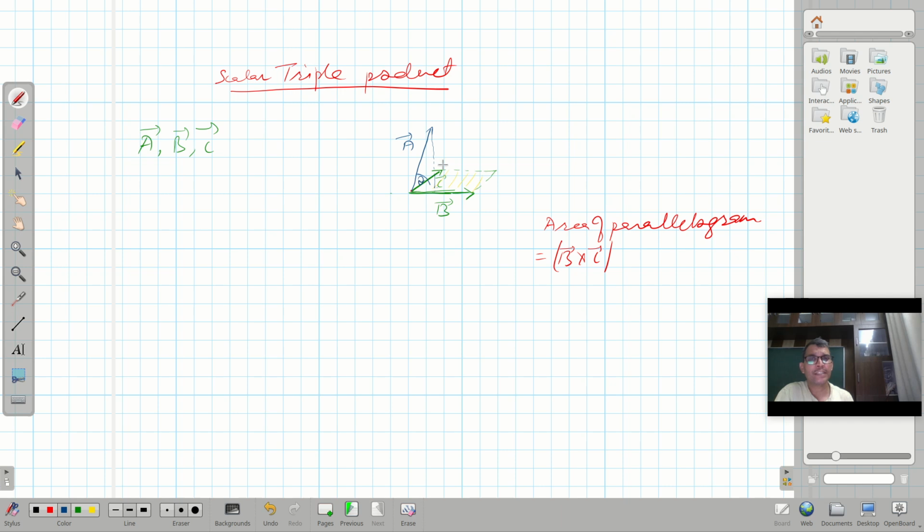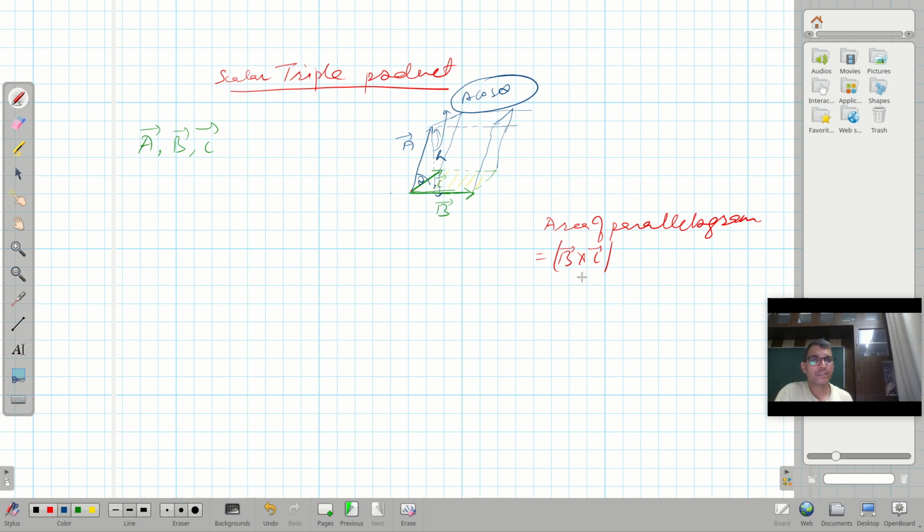This perpendicular distance is the height of the parallelepiped. That means now it will become a parallelepiped. Let me finish that diagram also. So this is the parallelepiped which is formed, and h is the height of it, represented by A cos theta.